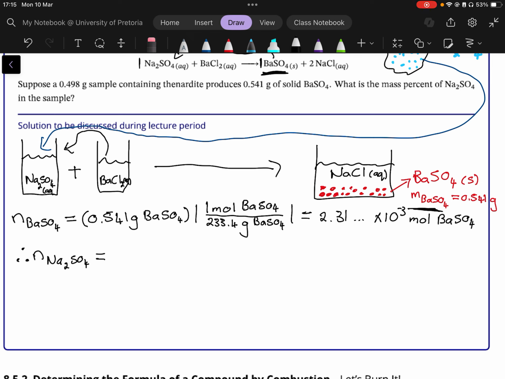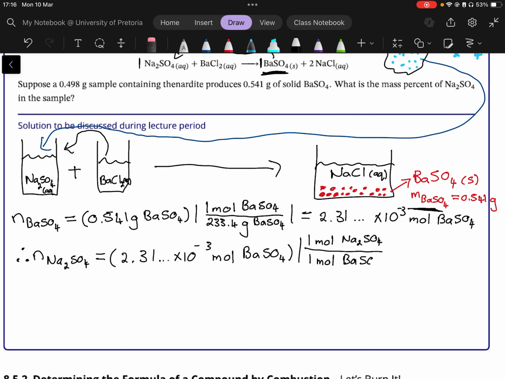But for completeness, you can write 1-to-1 and do your multiplication with units: 2.31 times 10 to the negative 3 mole barium sulfate multiplied by 1 mole of sodium sulfate per 1 mole of barium sulfate.